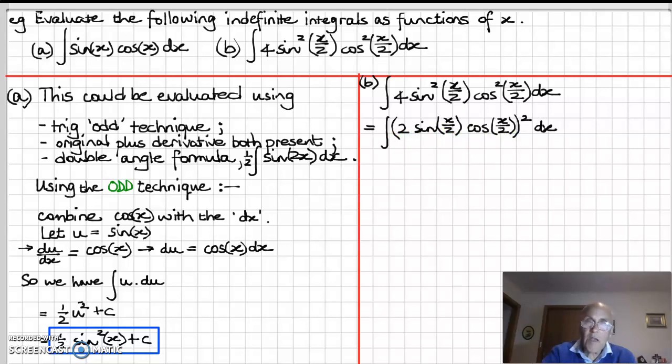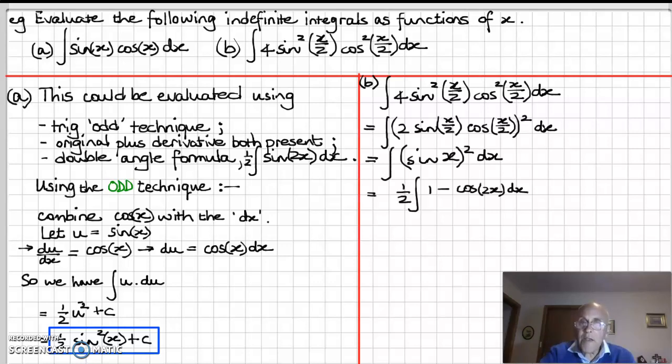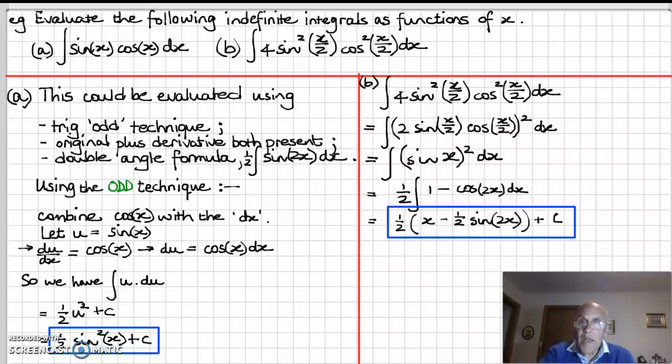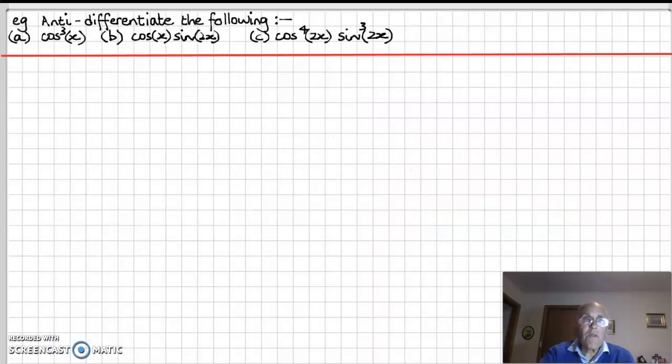Inside the bracket is the double angle, sine of x. Now we've got that, we'll just double angle that again, and you get that. My goodness, pretty amazing. Now, that's very easy to anti-differentiate, isn't it? It's basically a half of x minus a half sine 2x plus c. Wow, pretty good. Okay, next screen.